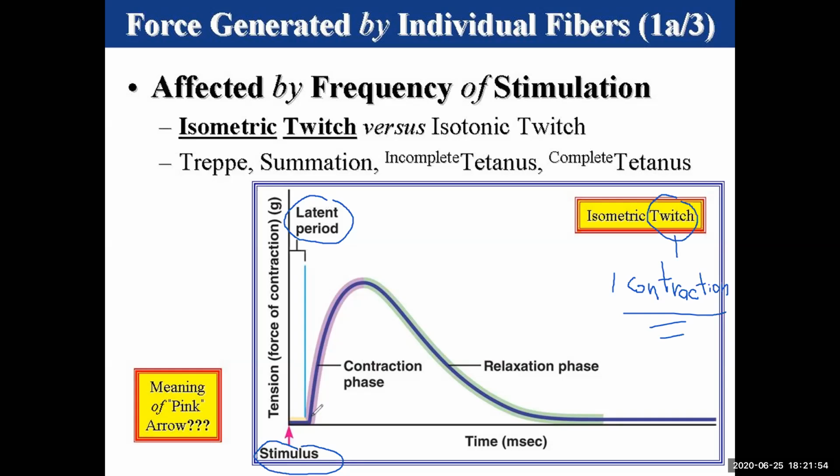Once that happens, you can see there's a contraction phase getting to a maximum tension, and then the relaxation phase. What it means here is that during the contraction phase, the action potential is still present, still spreading, still propagating throughout the sarcolemma.